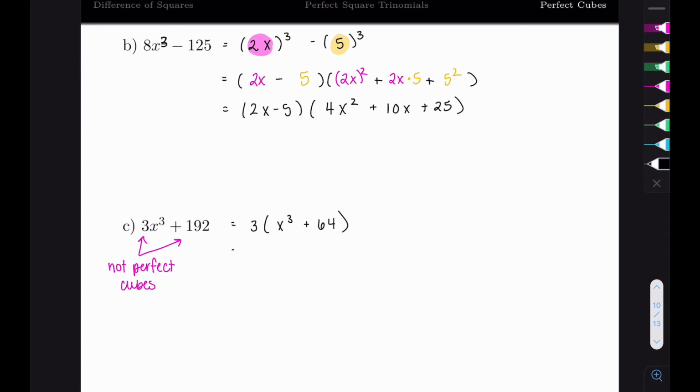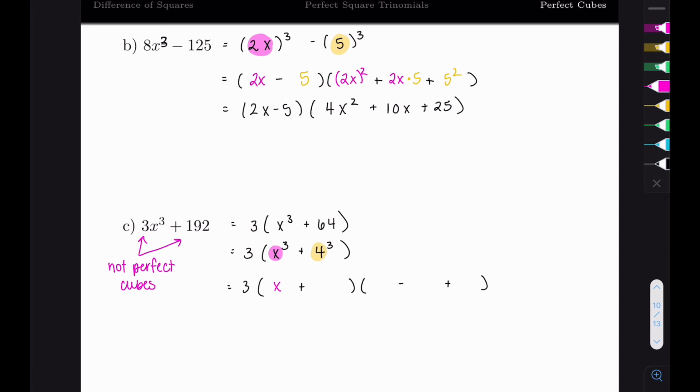Okay. So this 3 is just going to stay out front. And then 64 is a perfect cube. It's 4 to the 3rd power. So we go ahead and set up our parentheses. We've got the same sign, the opposite, always positive. We're taking x to the 3rd and 4 to the 3rd.